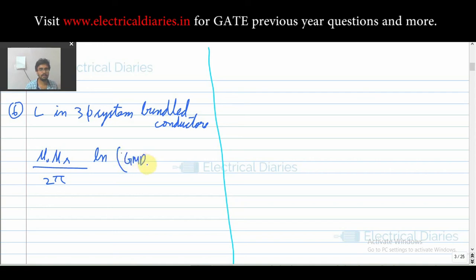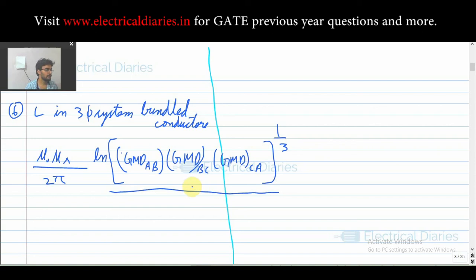GMD AB means that you take GMD between A and B phase conductors, then you take GMD between B and C phase, then you take GMD between C and A phase conductors, to the power 1 by 3. In the numerator there is always GMD divided by GMR. GMR of the bundle, I hope you could easily find out now. And this is your GMD.